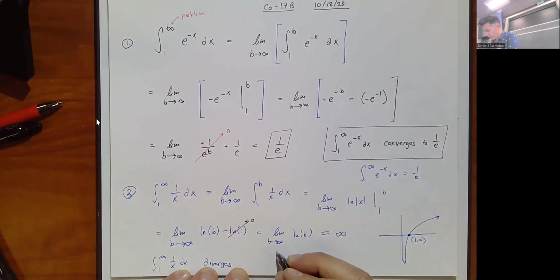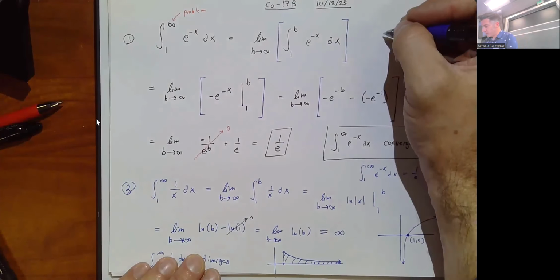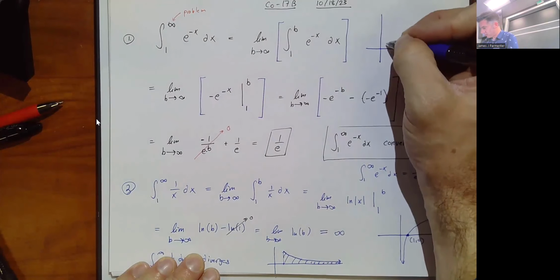So if you actually draw this, which I know I'm squeezing things in here, which is never my favorite thing to do, we definitely are getting an infinite amount of area there. Whereas with this function, e to the negative x from 1 to infinity, if you draw that one, well, e to the negative 1 is pretty small.